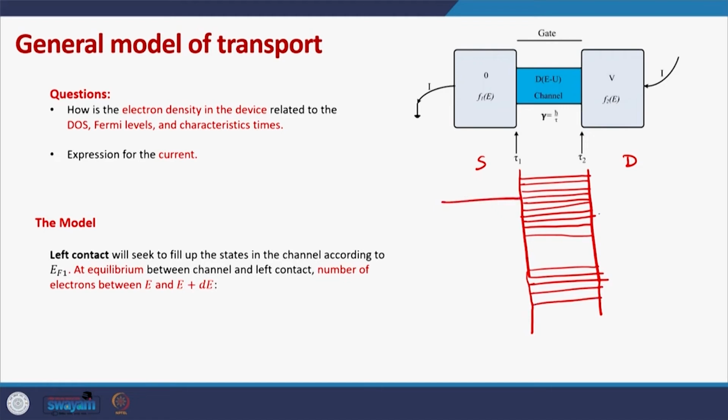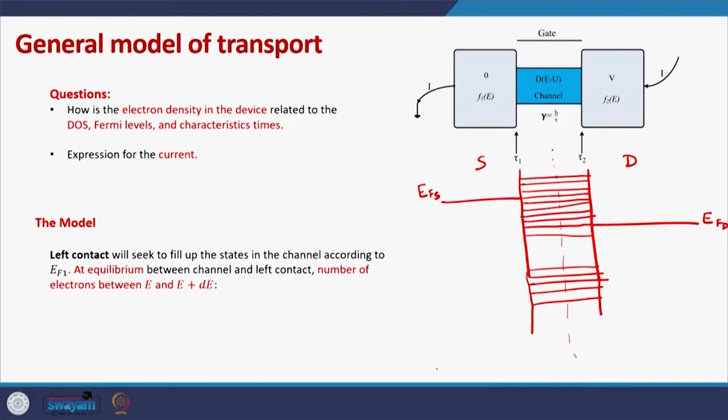EFS is up to this point, EFD is up to this point. Okay, all right. So, in equilibrium, for the moment let us assume that the channel is just in contact with the source. So, we only have source and channel in contact with each other.